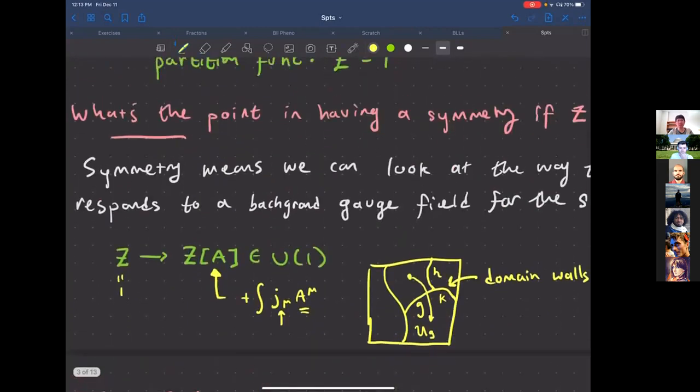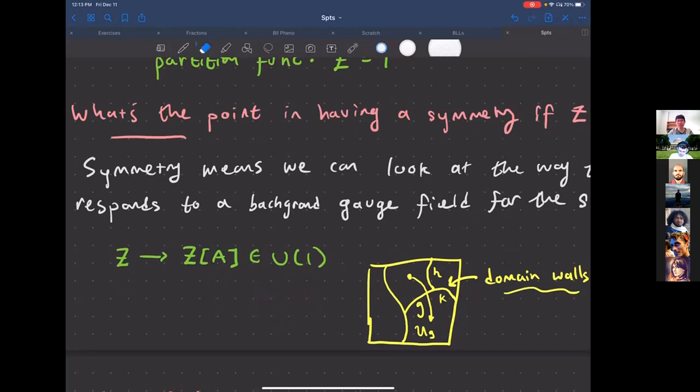And now when I add in a gauge field, the partition function can't become anything with a magnitude that's different than 1, but it can become a phase. So it becomes some complex number. And so essentially what SPTs are is they are systems where when you add in domain walls, or you couple the system to some gauge field, the partition function becomes some non-trivial phase factor.